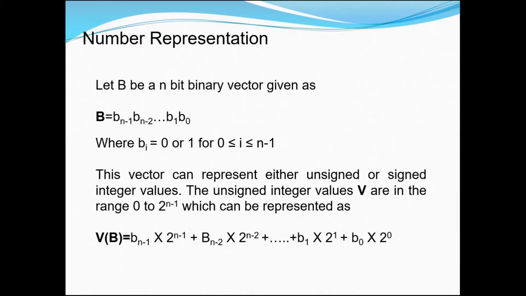Number representation: say, for example, let B be an n-bit binary vector, given as B equal to b(n-1), b(n-2), up to b1, b0, where each b(i) is either 0 or 1, for all values of i between 0 and n minus 1.